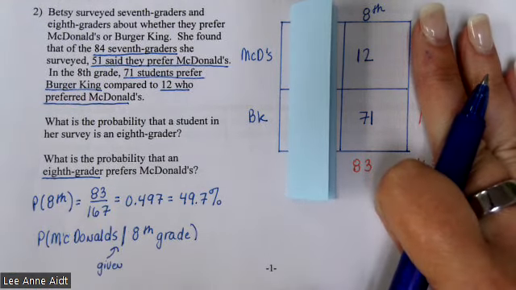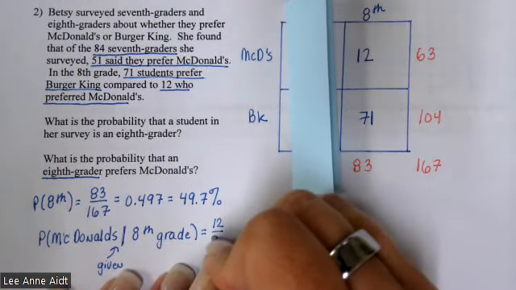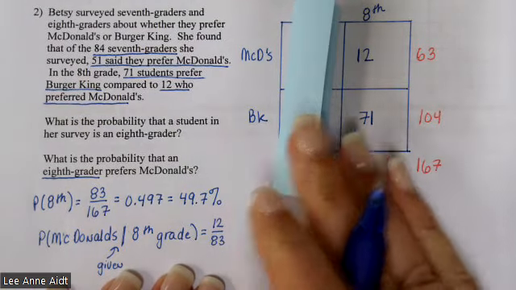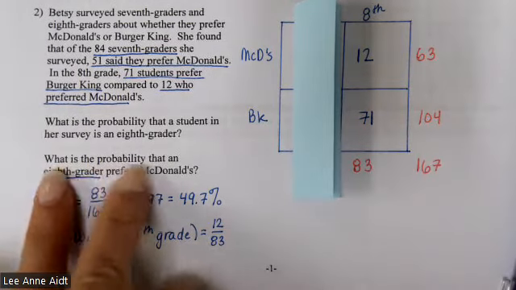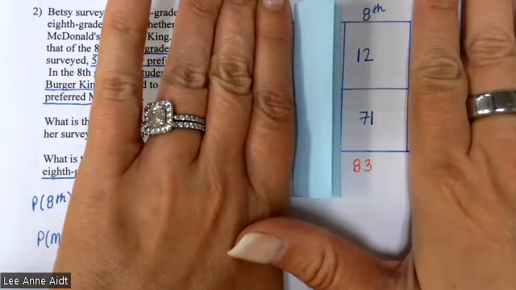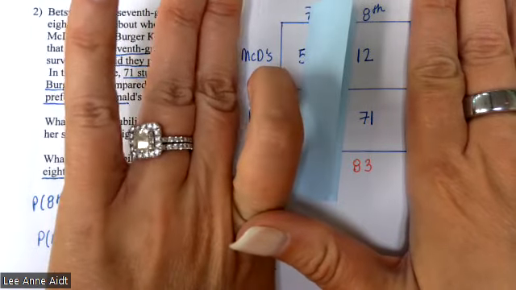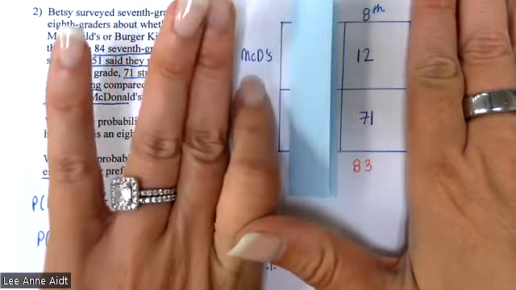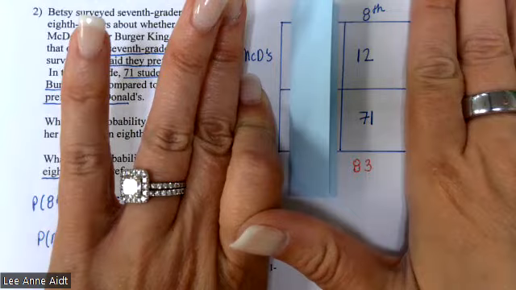What's the probability they prefer McDonald's? 12 over 83. Because it's telling you narrow your focus just to 8th graders. Block the whole table out except for 8th graders, except you need to see the word McDonald's. How many of the 8th graders prefer McDonald's? 12 out of total 8th graders, 83.